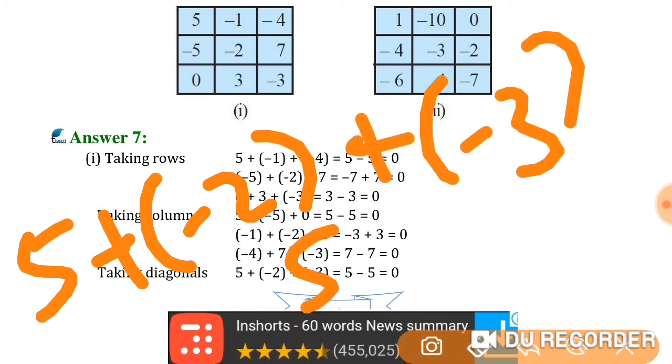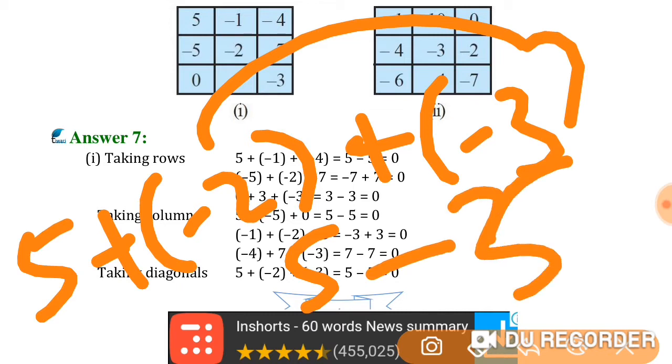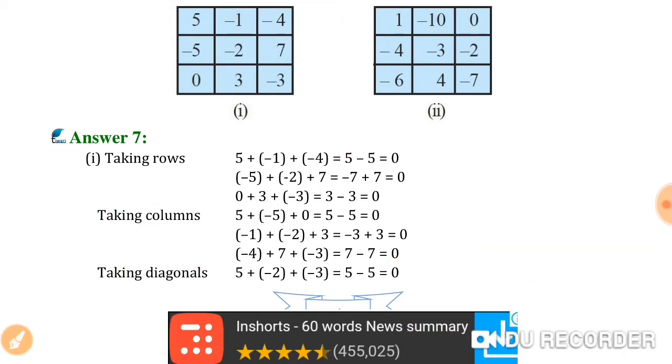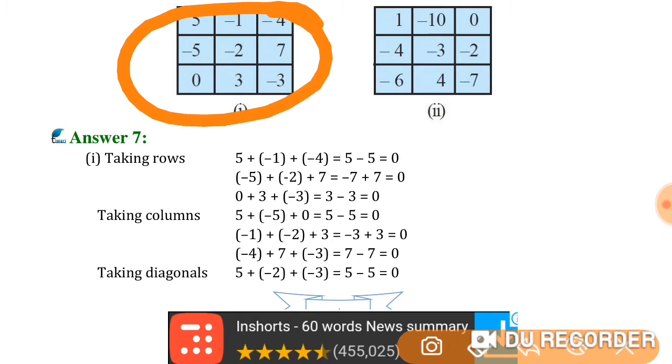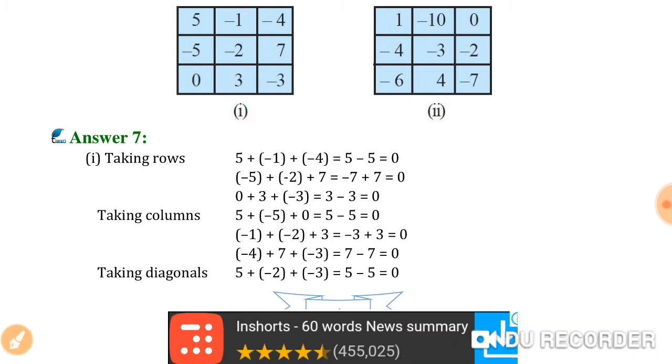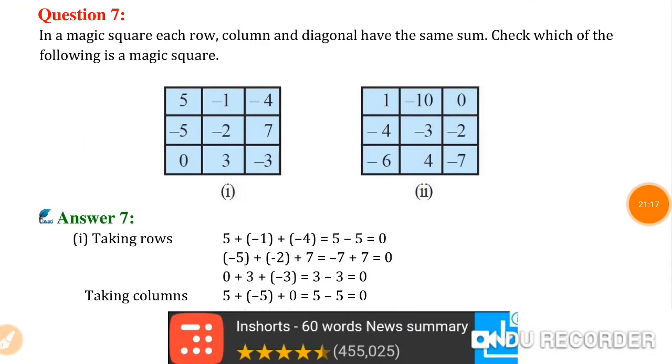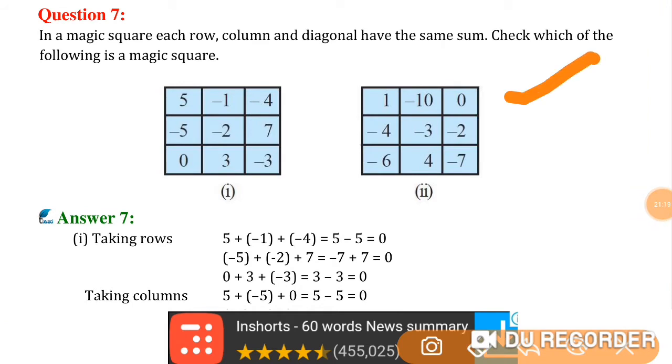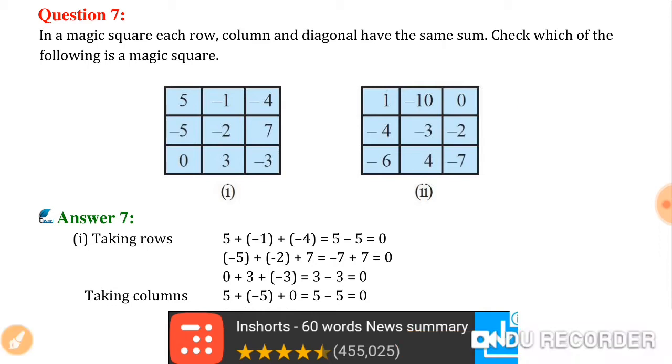See, 5 as it is, minus 2 minus 3 is minus 5. So it becomes 0. So this box is a magic square. In the same way we can check the second box. It is homework. I have already written the solution, so go through it, calculate and find the answer. Then I'll go for the next question.